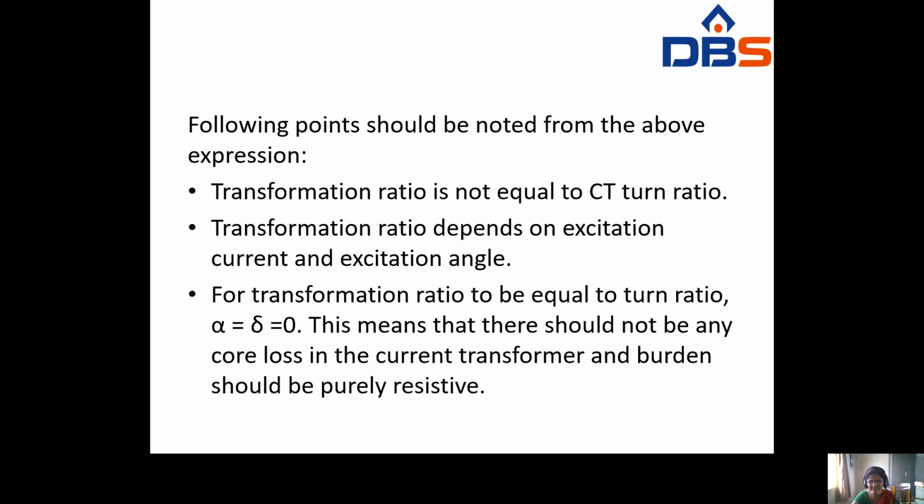Whenever you take the above expression, R equal to n plus I naught by Is sin(alpha plus zeta), from this formula you can observe that the transformation ratio is not equal to the CT turns ratio. The transformation ratio depends on the excitation current and excitation angle.